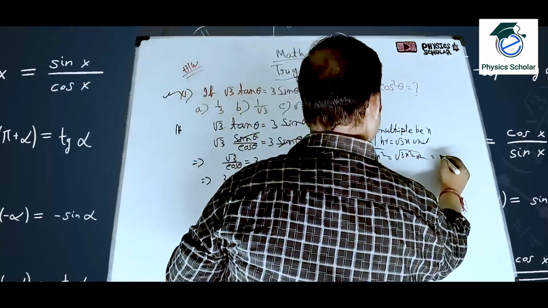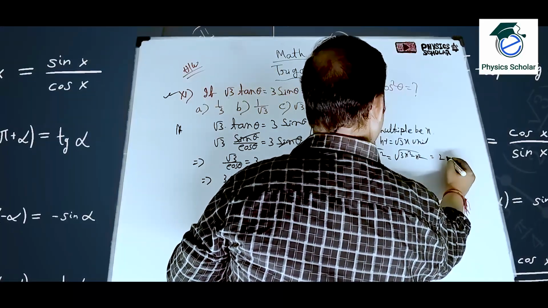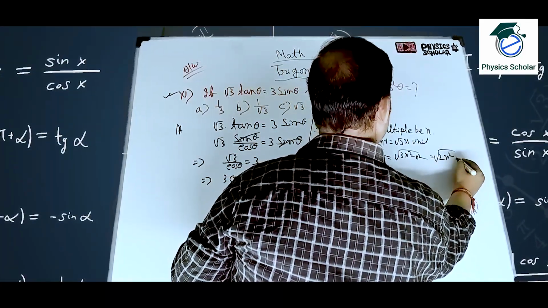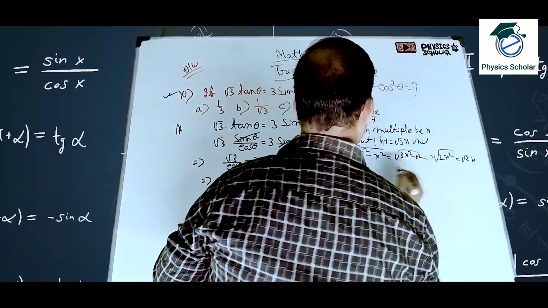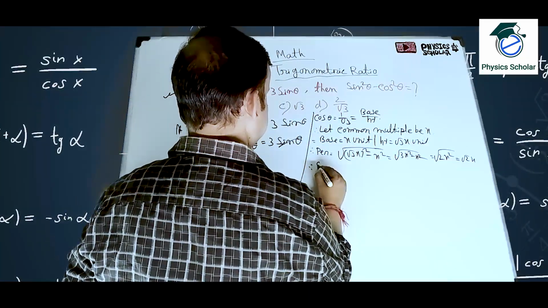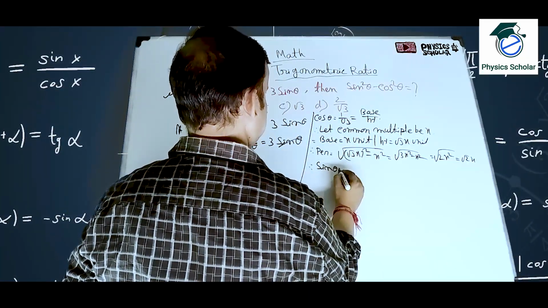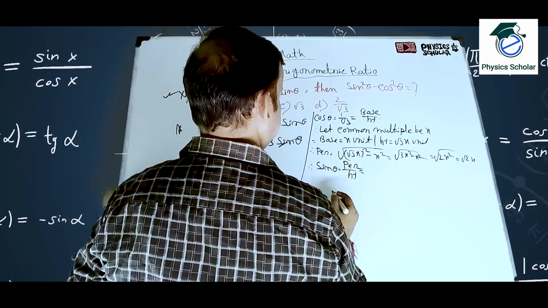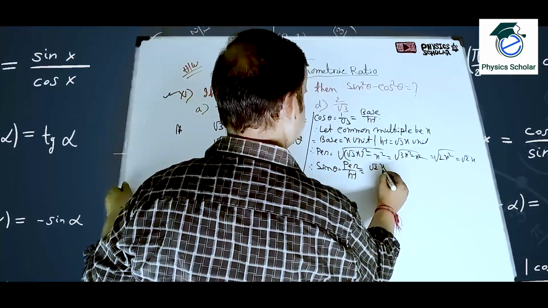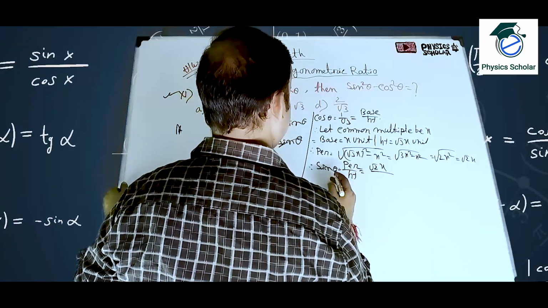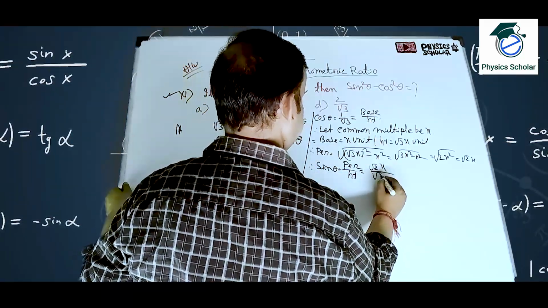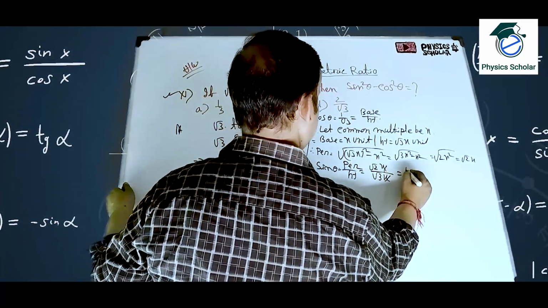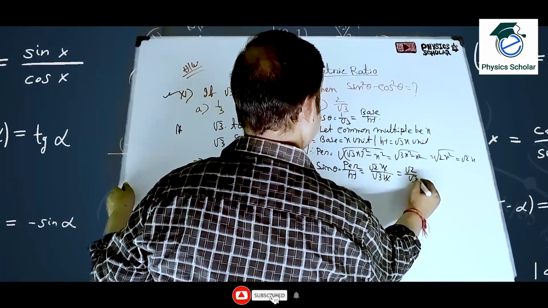Okay, so that means 2x square, that means root 2x. So sin theta is equal to perpendicular by hypotenuse, perpendicular means root 2x, hypotenuse means root 3x. So root 2 by root 3.